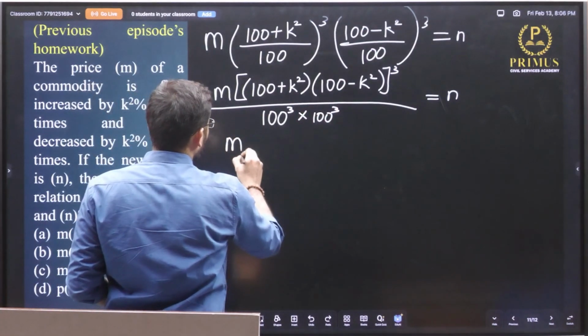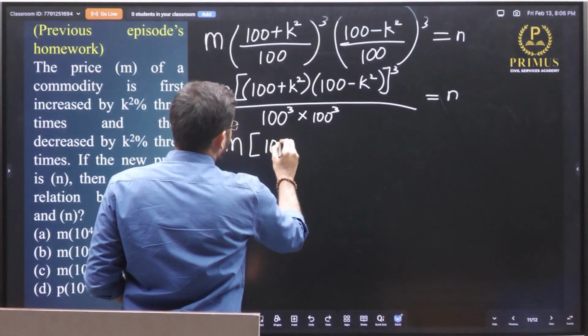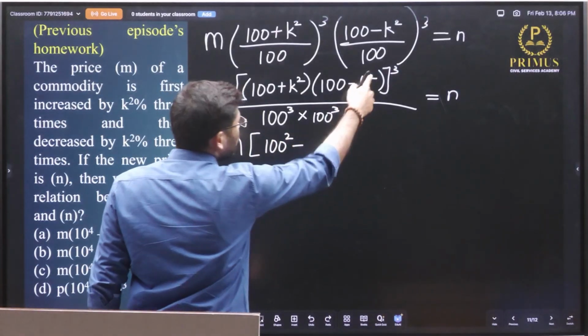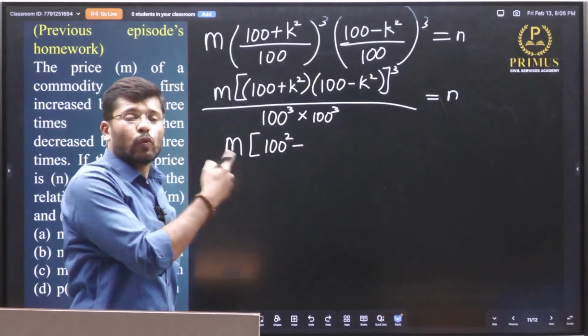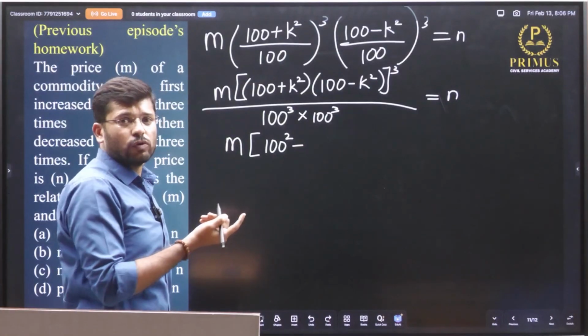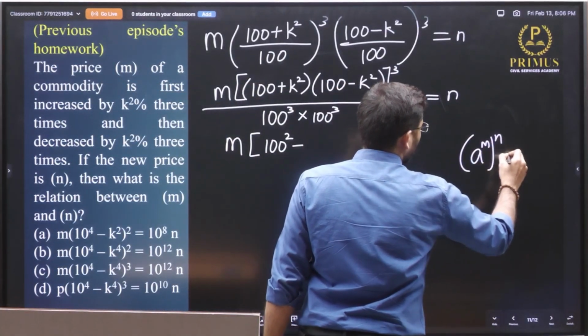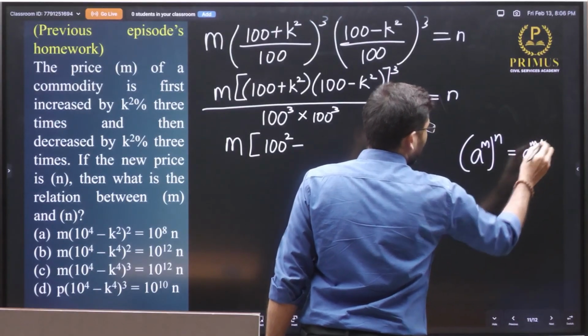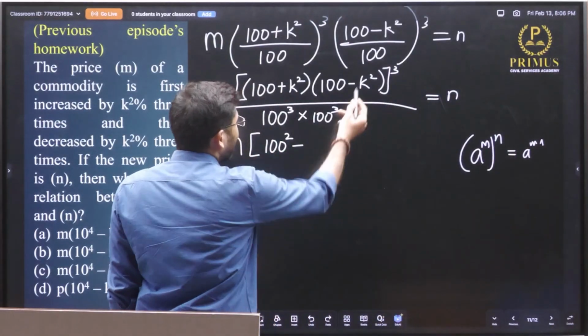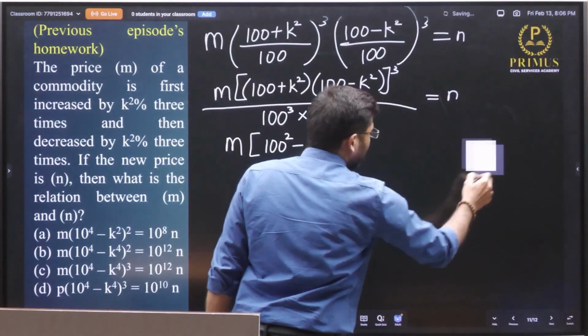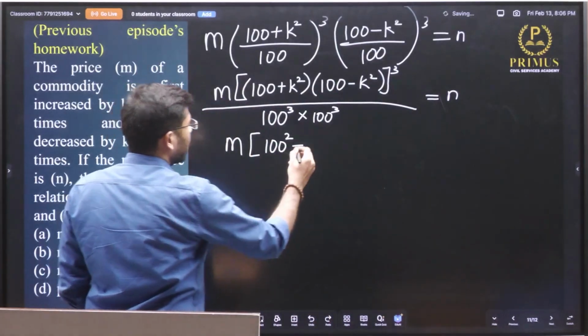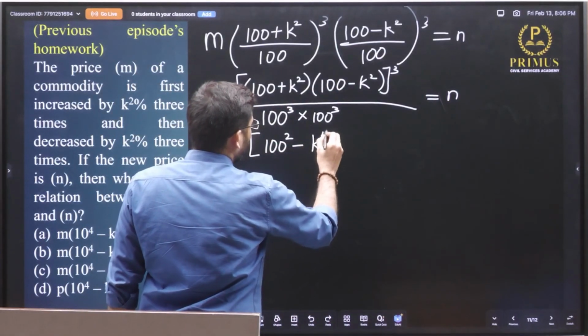So this whole value will be 100 square minus K square square. The square of K square will be K power 4, because we know that A power m whole raised to n is A power mn. By that logic, K square whole square will be K power 2 into 2, that is K power 4.